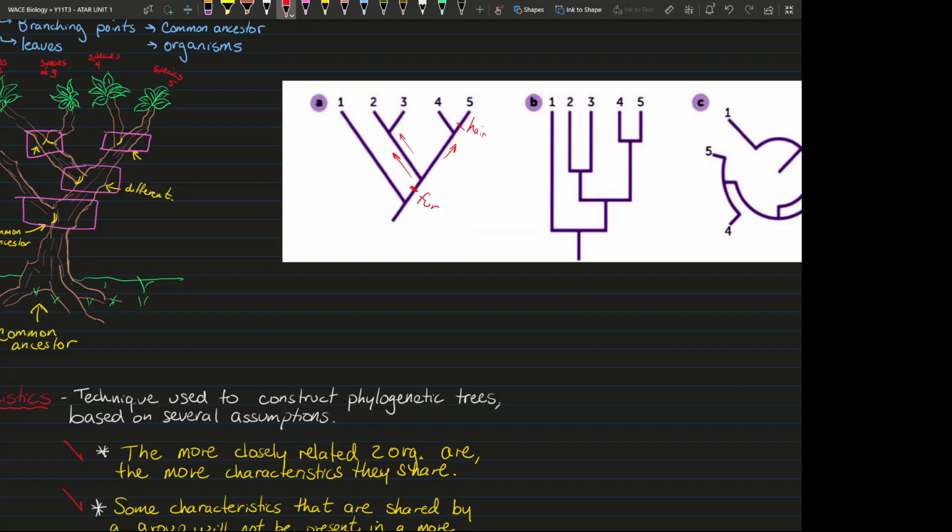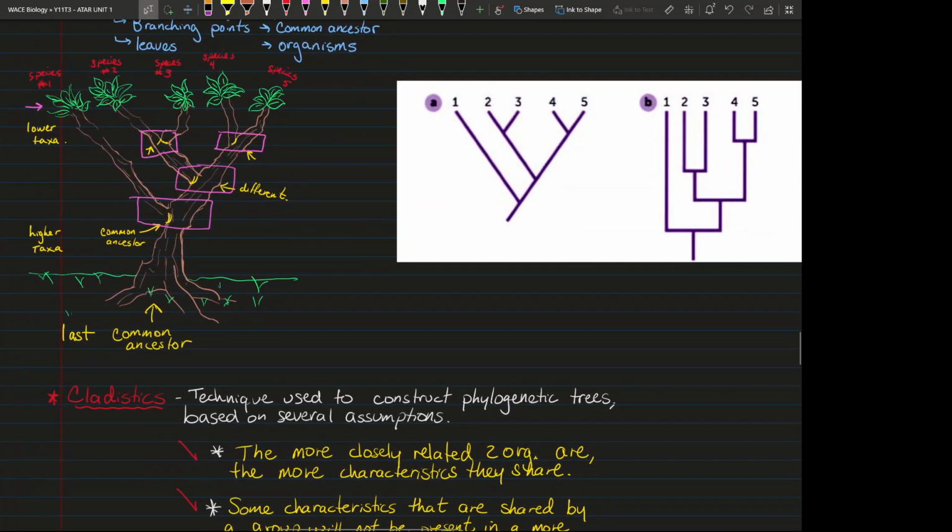So once that characteristic is present, it doesn't 100% have to be present within these organisms that go further down, that are more distantly related, right? The same thing applies to species that branch out in completely different directions, right? Eventually, that characteristic will disappear. It doesn't always have to be present in every single detail.